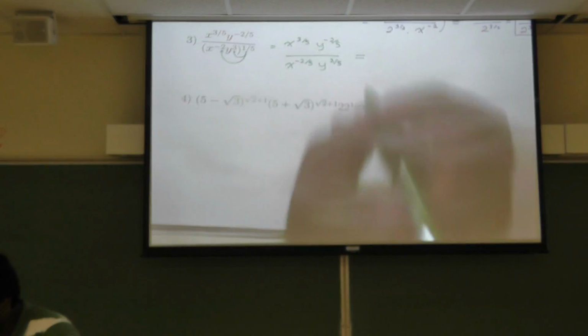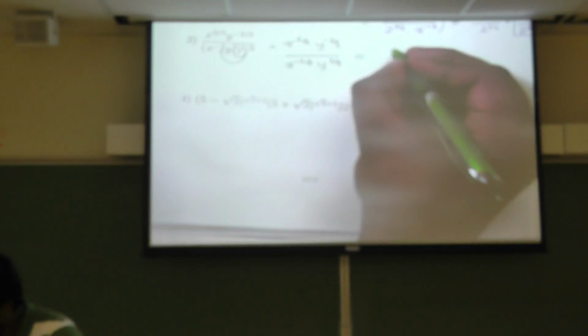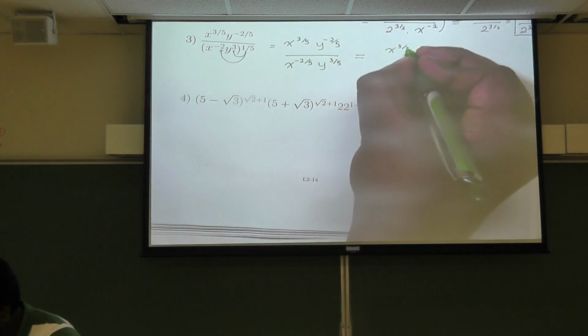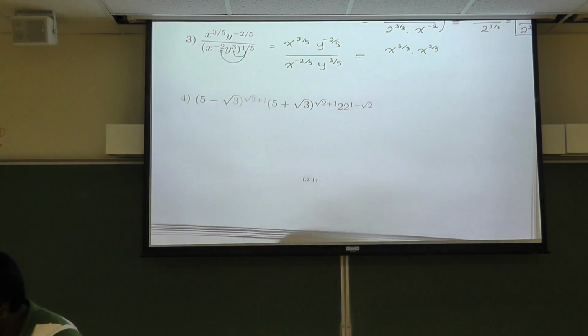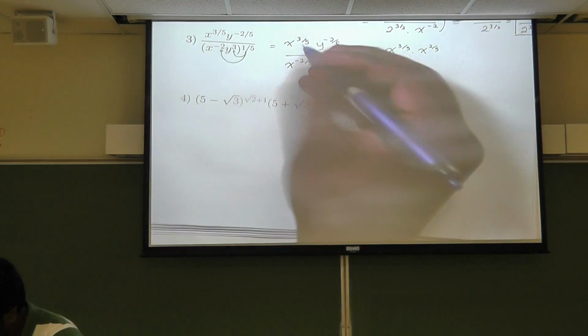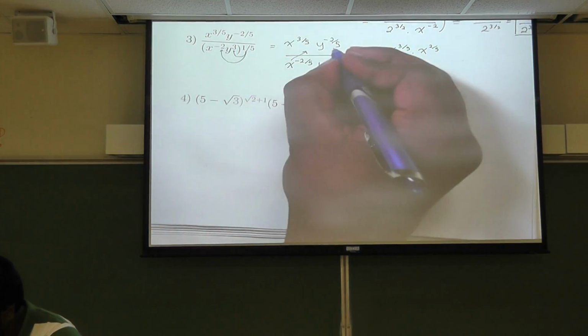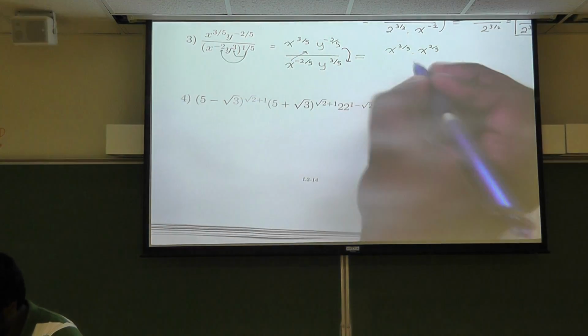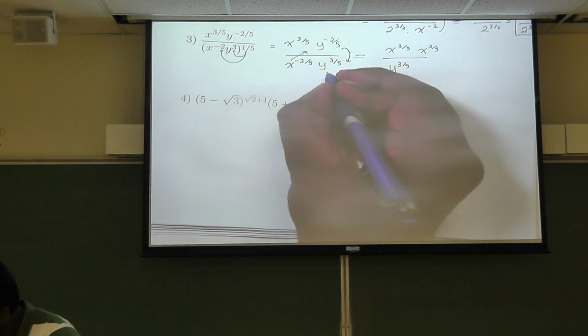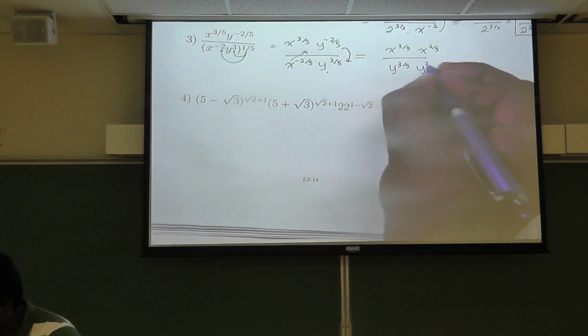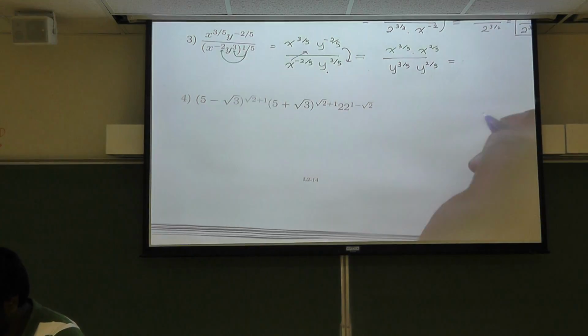So I can see the negative exponent here, I would move it to the top. So 3/5 x to the 2/5. That guy goes to the top. And then this guy will come to the bottom because it has a negative exponent. So you get 3/5 that was already there, and y to the plus 2/5 because it came to the denominator.